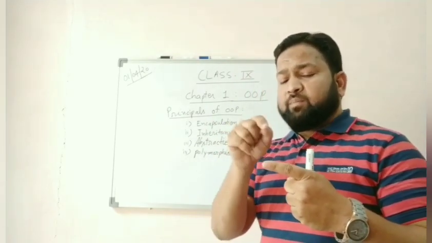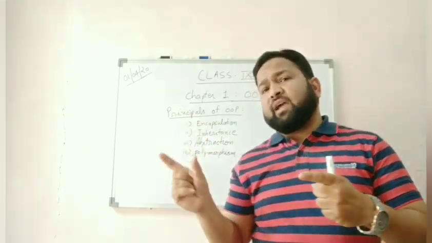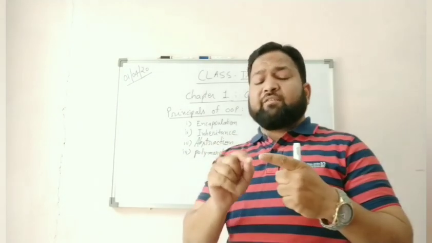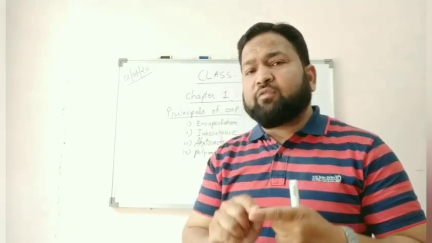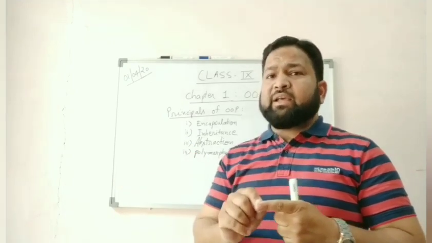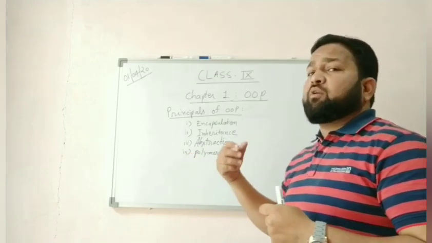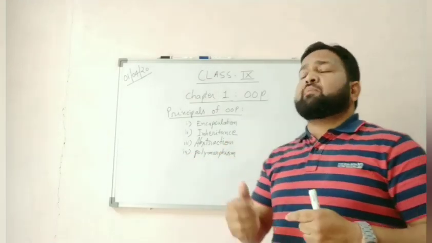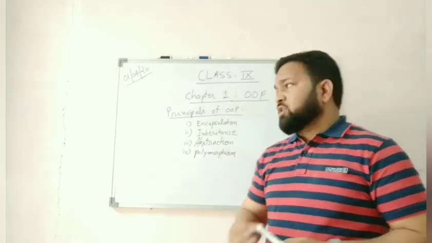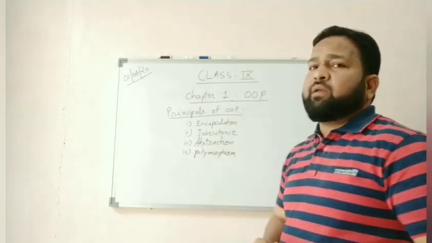If we provide length and breadth, it finds the area of a rectangle. If we give the side of a square, it finds the area of a square. So this function area is an example of polymorphism, because it can perform different types of tasks. These are the four principles of the object-oriented programming language.